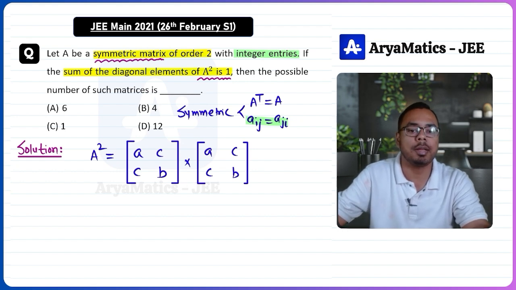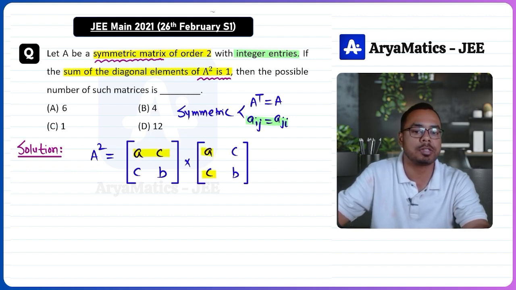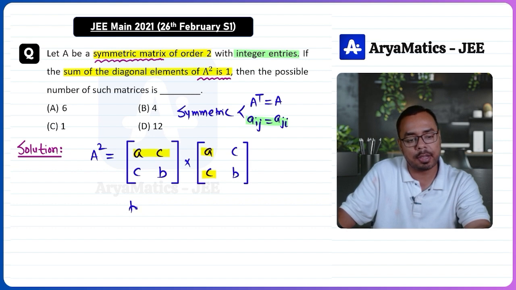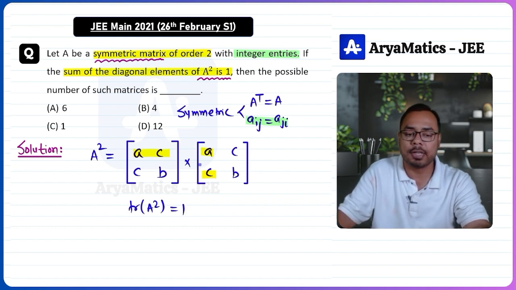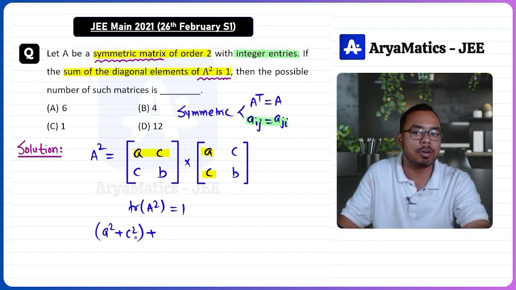So sum of diagonal elements means, for A square, the element of first row, first column will be first row multiplied by this first column. Remember, it is given that trace of A square is 1. Now trace of A square means first row, first column will give us a square plus c square, right? This will be the element of first row, first column of A square.